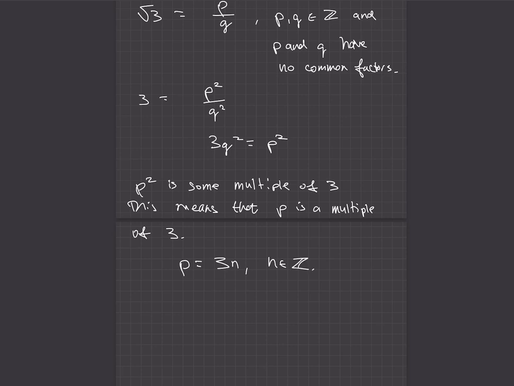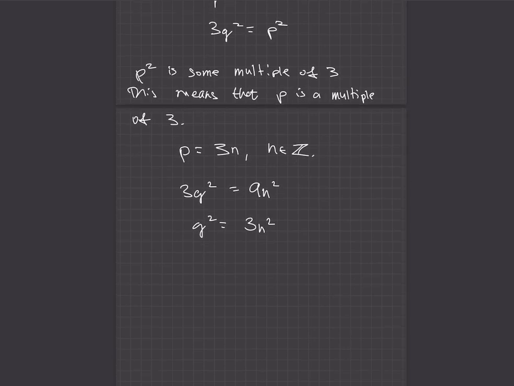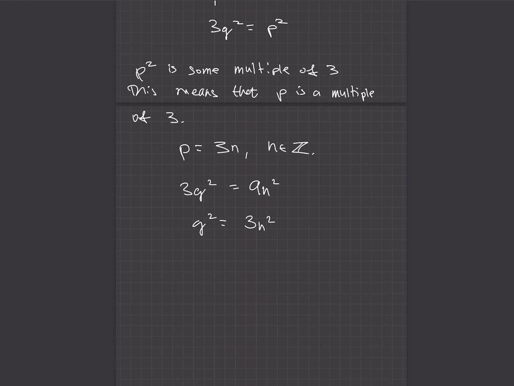That means that we can substitute that in, so 3q squared is going to be 3n all squared, so that's 9n squared. So q squared is equal to 3n squared. So similar logic. Therefore, q squared is now a multiple of 3, which means q is a multiple of 3.